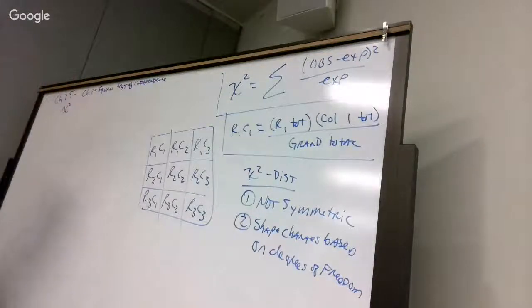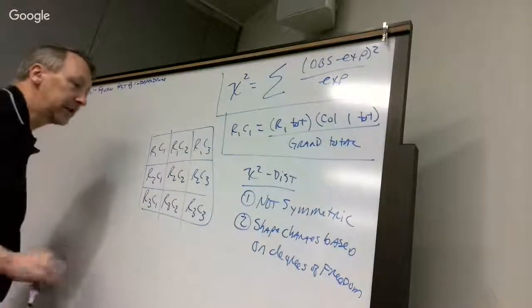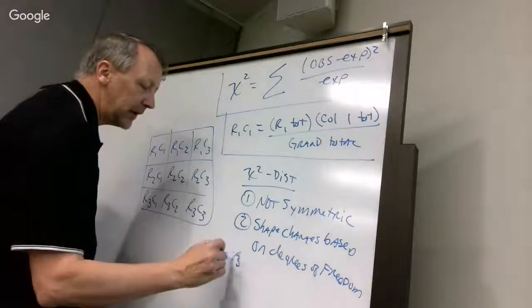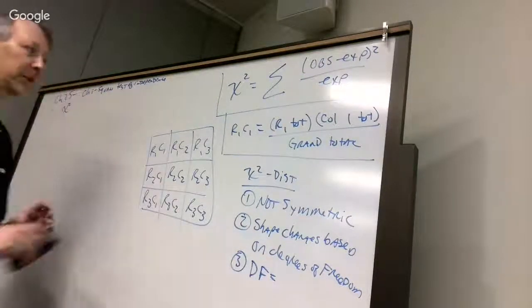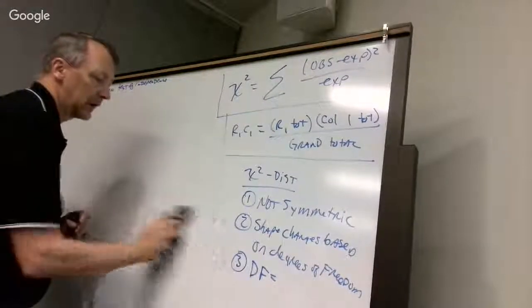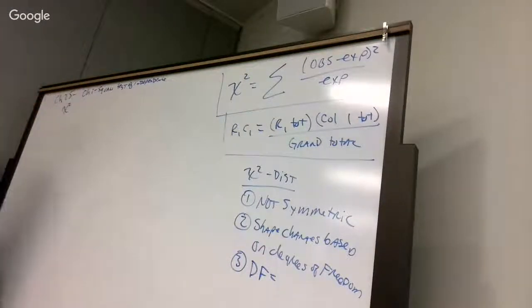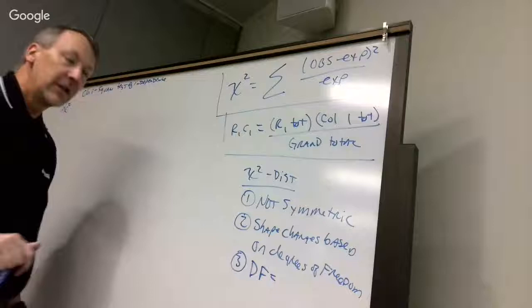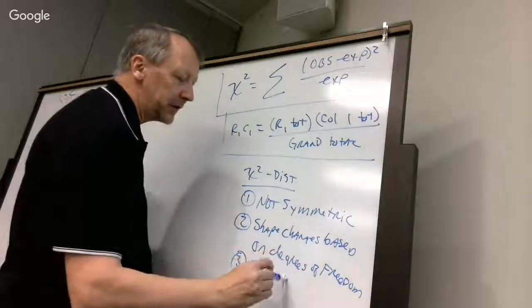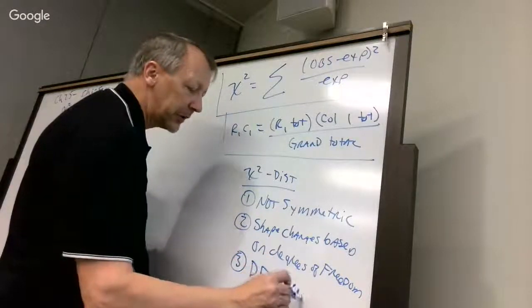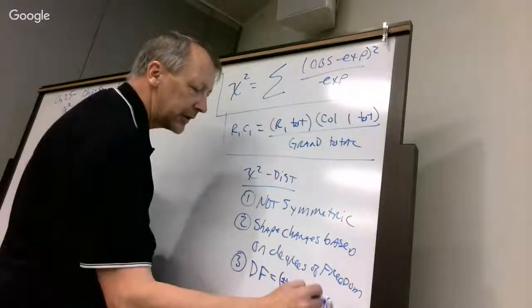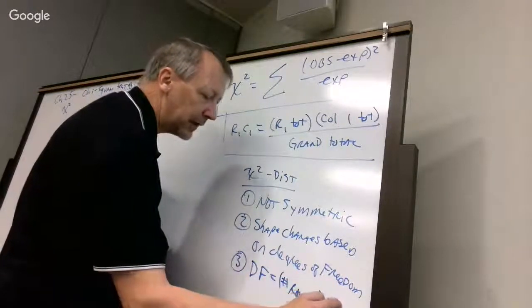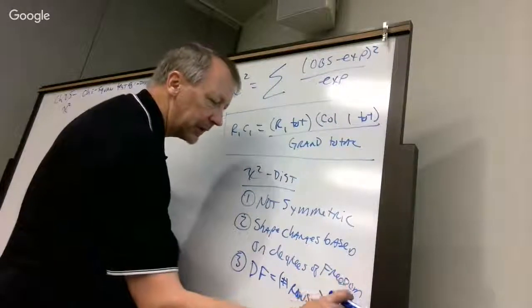Number three, the degrees of freedom has a different formula. Degrees of freedom equals the number of rows minus 1 times the number of columns minus 1.